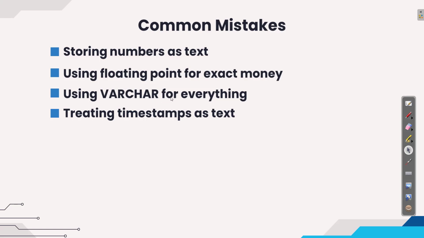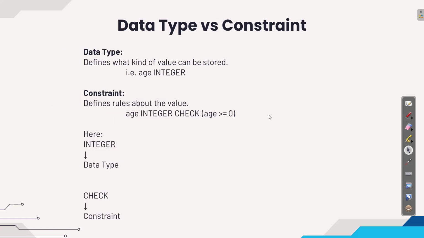And if you don't know the exact limit of the text, you can specify the text here. Treating the timestamp as text: timestamp is different than text. So if you want to save the date or time, you have to specify the timestamp, not the text.